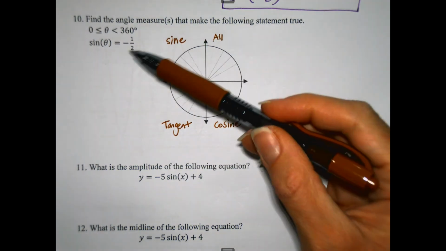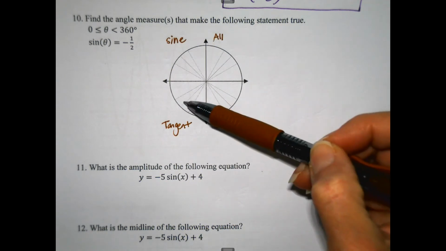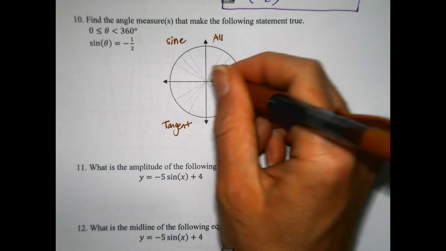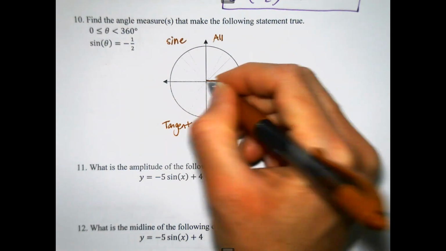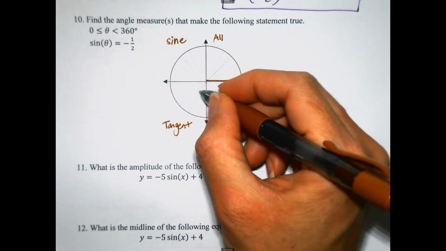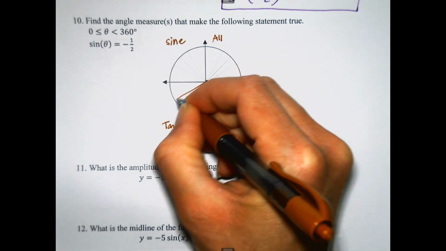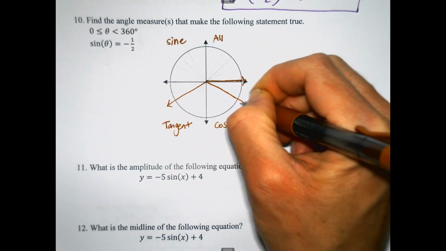Since we need sine to be negative, sine would be negative down in quadrants number 3 and also quadrant number 4. Therefore, we have either an angle that is going to rotate and end in quadrant number 3 or in quadrant number 4.